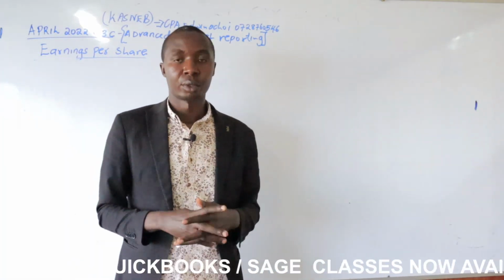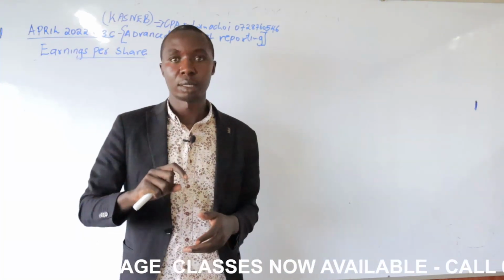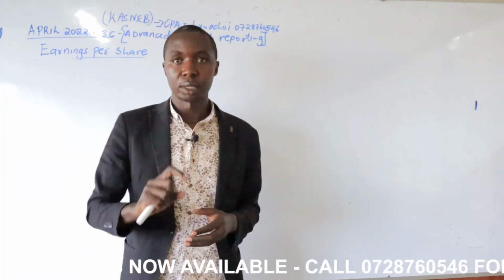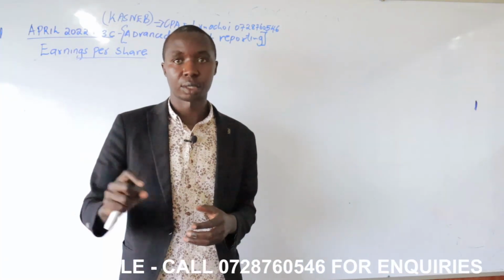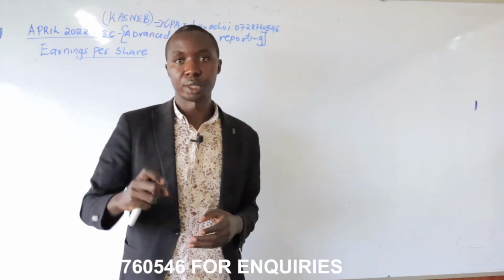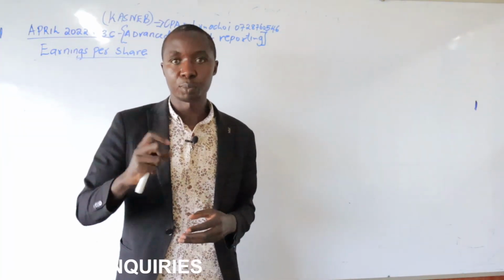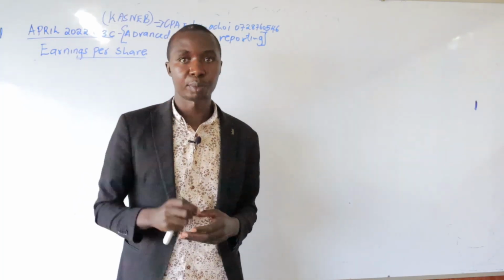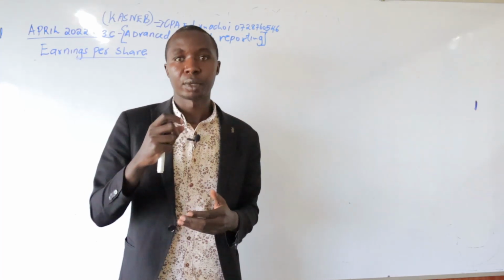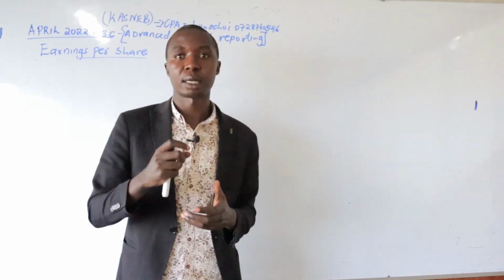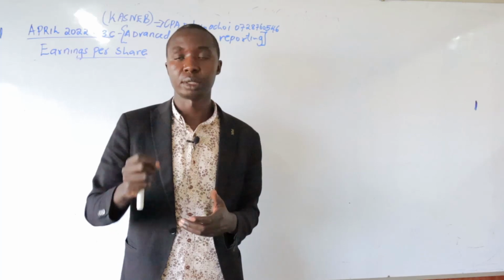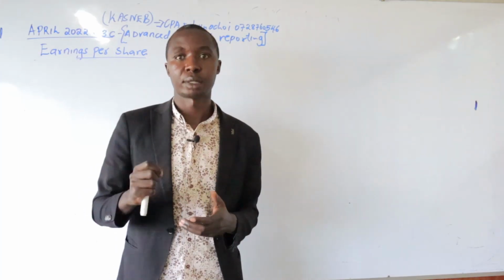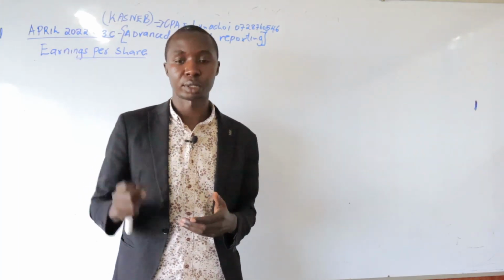The next step is to determine the order of ranking the securities. We need to check the effect these potential securities have on the basic earnings per share: which security has a higher potential of diluting the basic EPS, and which one has a lesser potential.